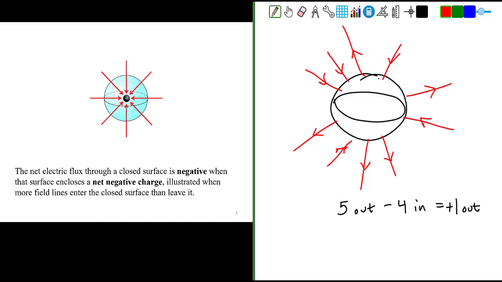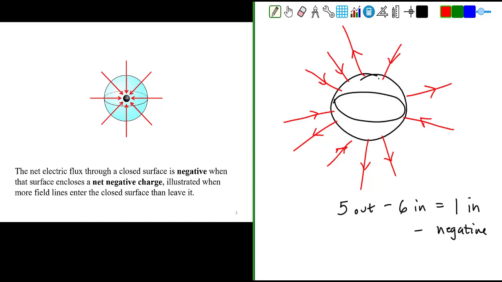We have another field line going in and another field line going in. So now we have 6 field lines going in and 5 field lines going out. What that means is we have a net of -1, or in other words, 1 field line going in. This signifies that we have a net negative charge enclosed inside this sphere.